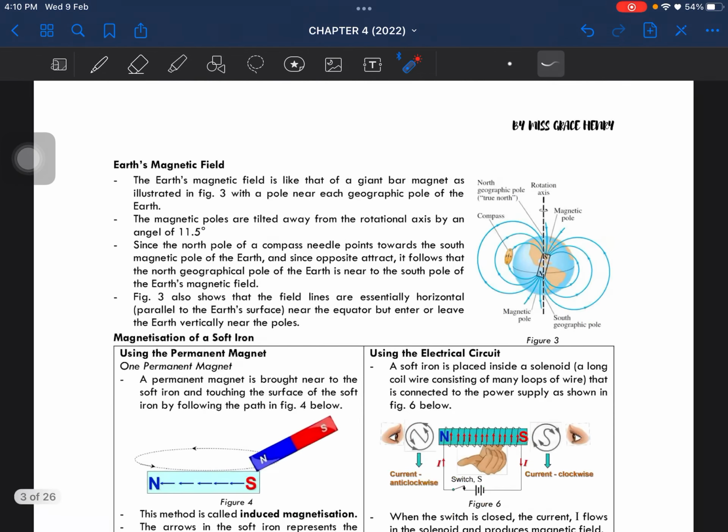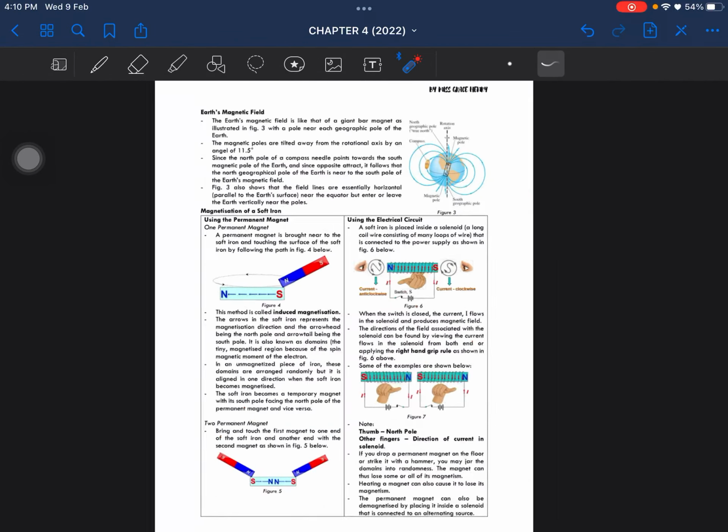Okay, all right. Now the Earth's magnetic field.